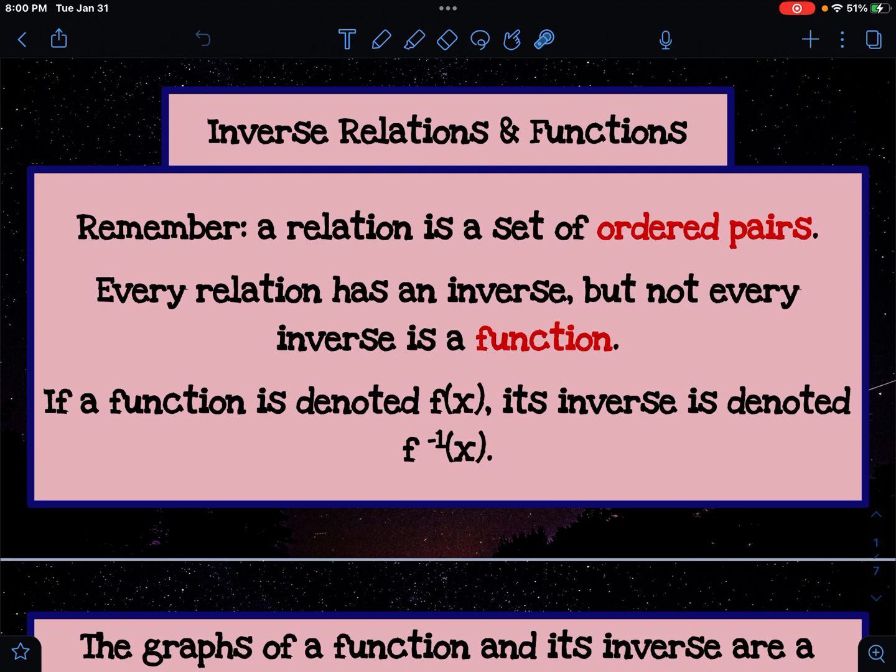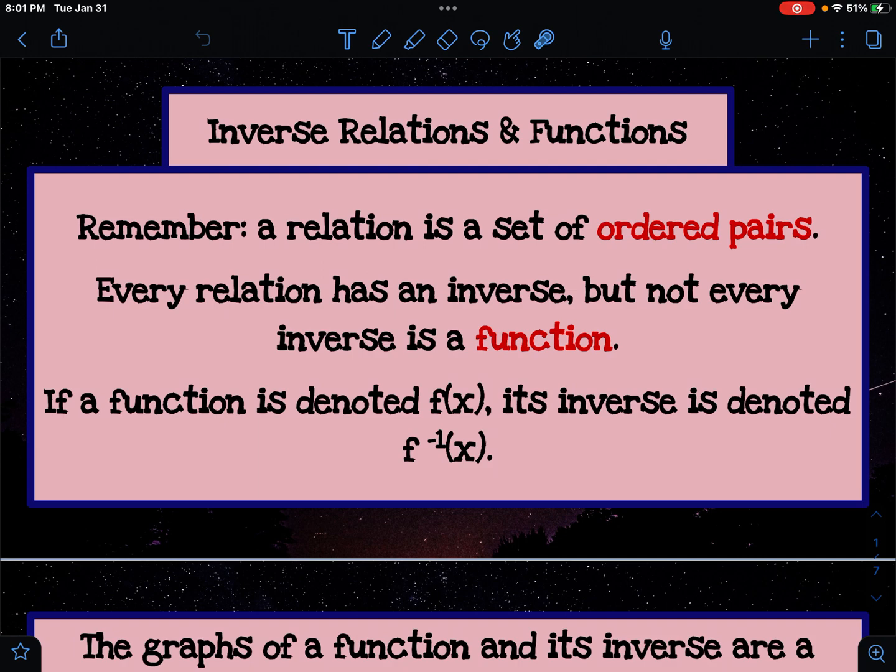And if you remember, a relation is a function if it has no repeating x values. So every relation has an inverse, but that does not mean that the inverse is a function. So the relation might not be a function, the inverse might not be a function.